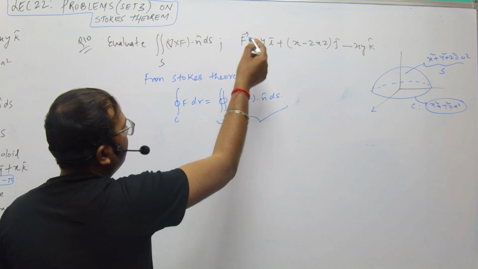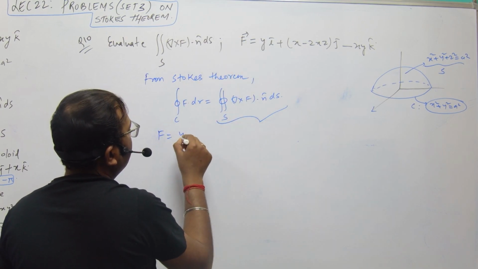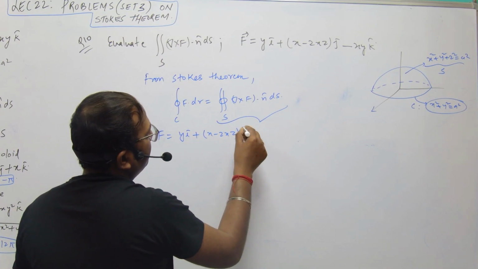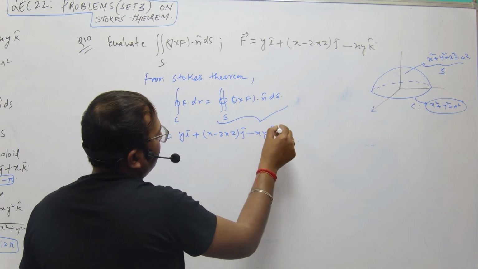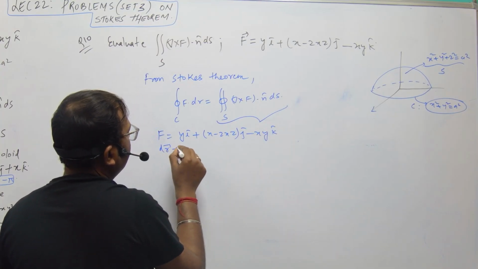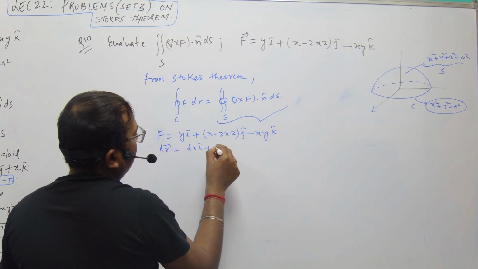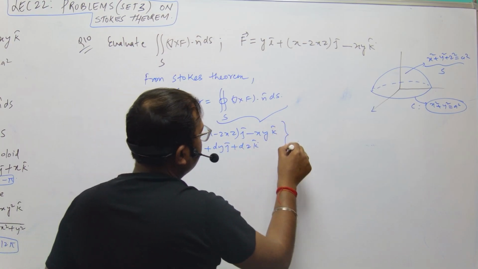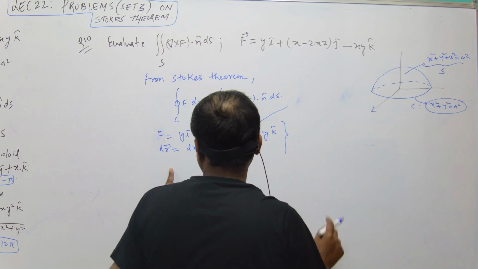We have the value of f as y i cap plus x minus 2xz j cap minus xy k cap, and the vector dr is equal to dx i cap plus dy j cap plus dz k cap. Let us take the dot product.